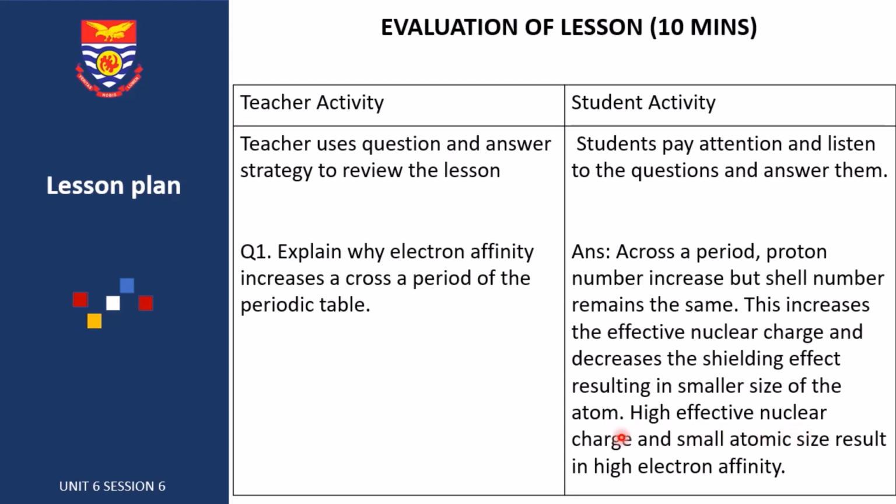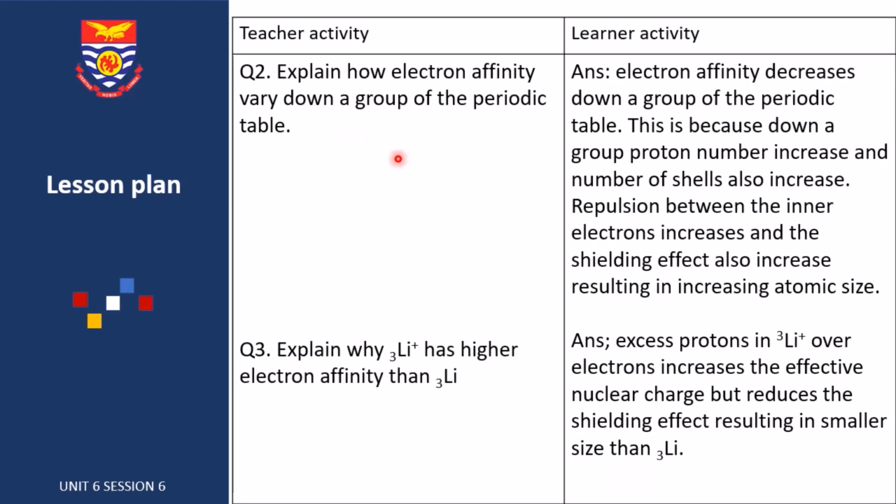High effective nuclear charge and small atomic size result in high electron affinity. So we ask these questions as well. Explain how electron affinity varies down the group of the periodic table. Students provide these answers. And then we have this question also with the corresponding answer here.